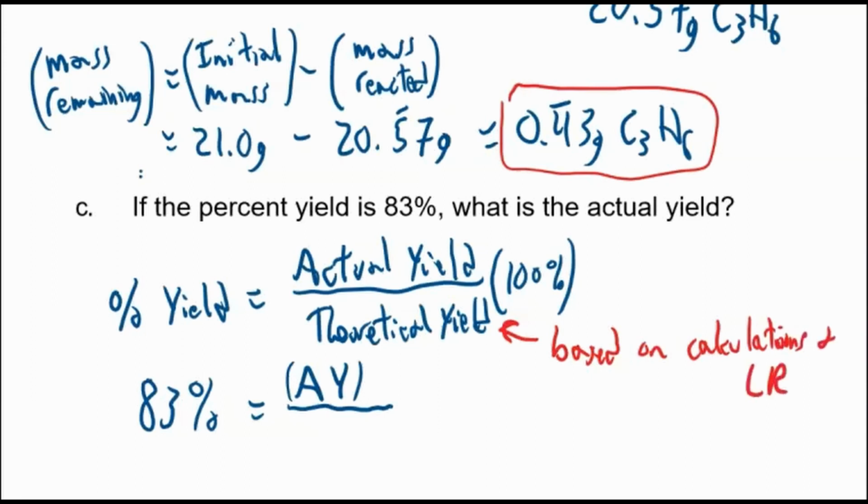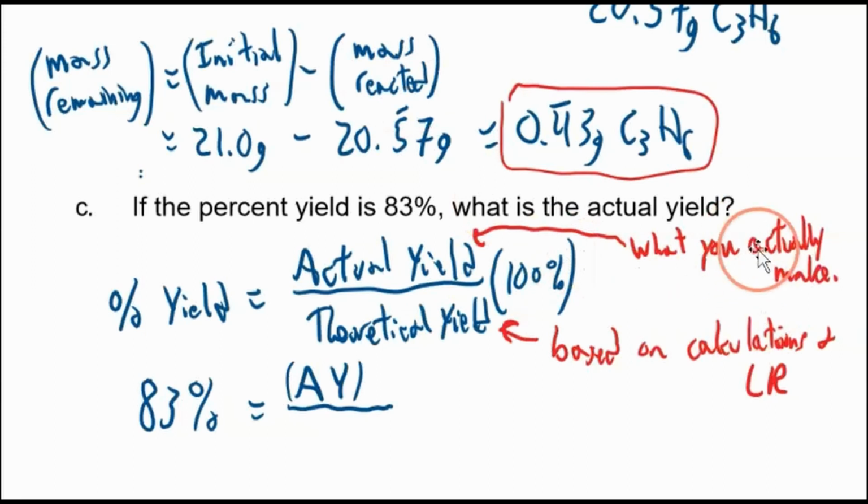and the limiting reactant. And the actual yield is what you get in the laboratory. So this is what you actually make. What's staring at you on the balance when you put it back on the scale, the white powder or whatever you make when it's looking at you after spilling it on your partner and stuff, that's your actual yield.